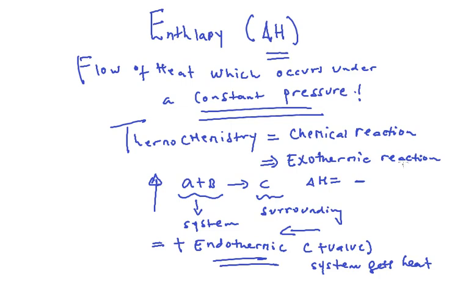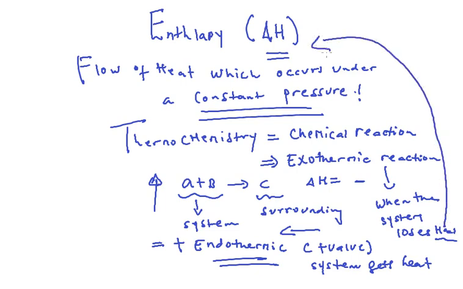We have exothermic when the system loses heat. So when I say heat, I'm talking about enthalpy. Remember that enthalpy is a flow of heat that occurs under a constant pressure. So we're going to do some calculation of how we can measure enthalpy from a chemical reaction.